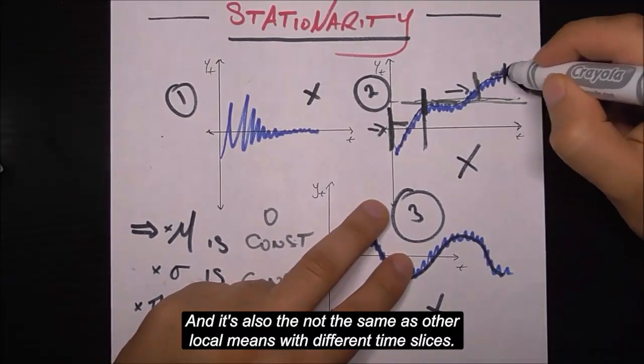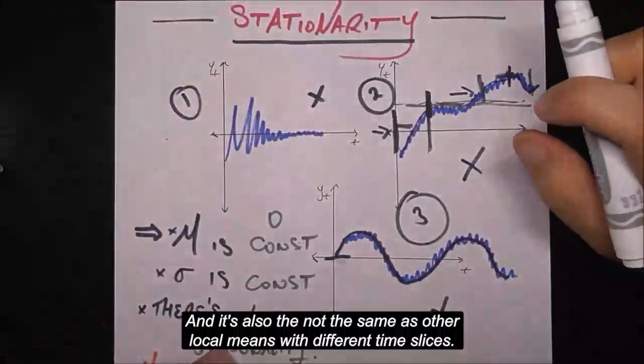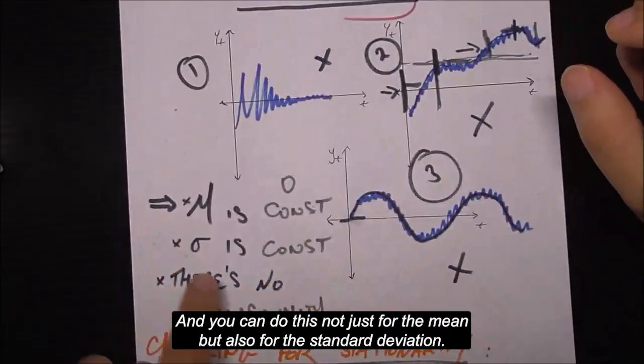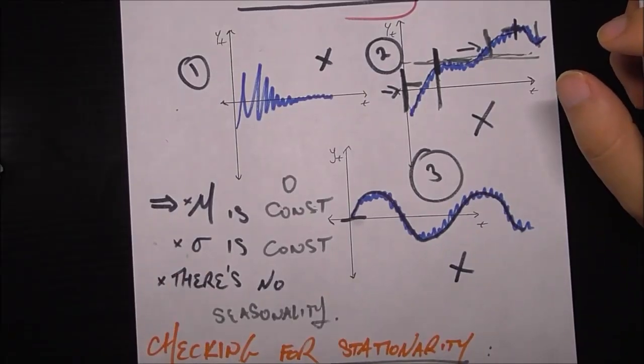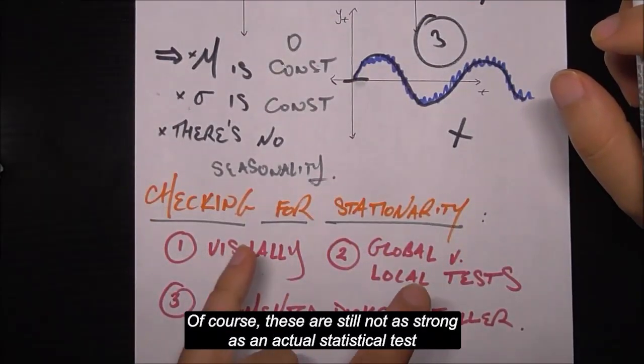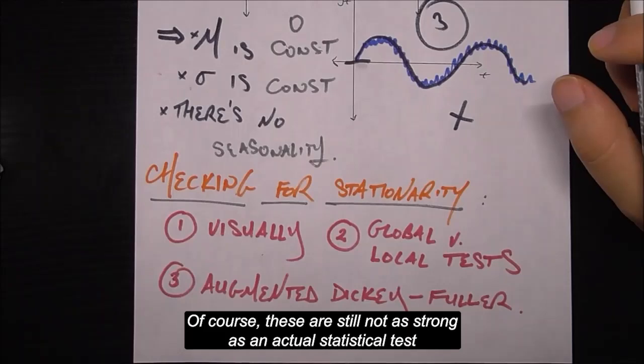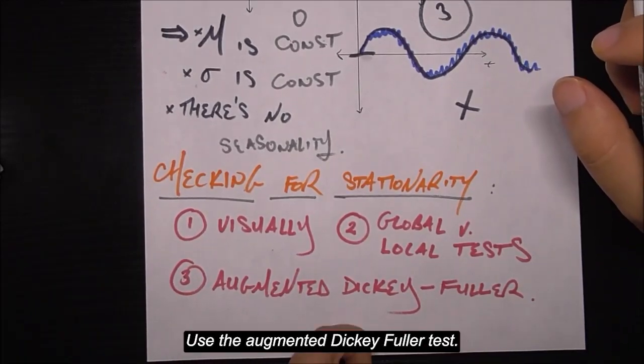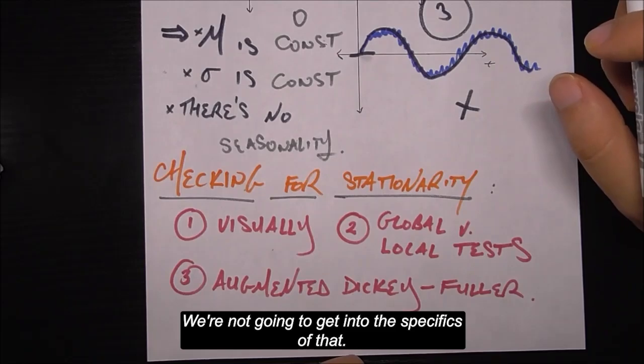And it's also not the same as other local means with different time slices. So that's another way to look at it. And you can do this not just for the mean, but also for the standard deviation. You can look at seasonality as well. Of course, these are still not as strong as an actual statistical test, such as number 3, the augmented Dickey-Fuller test. We're not going to get into the specifics of that in this video.